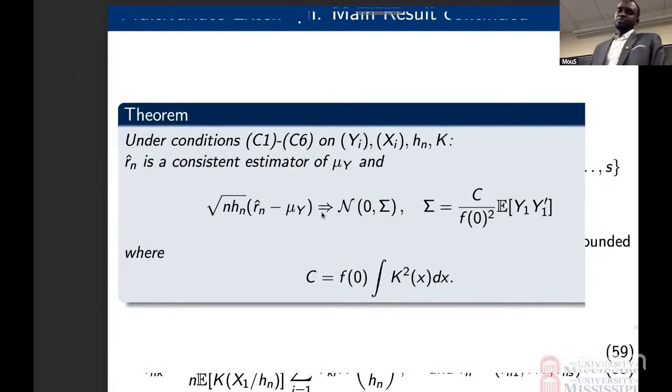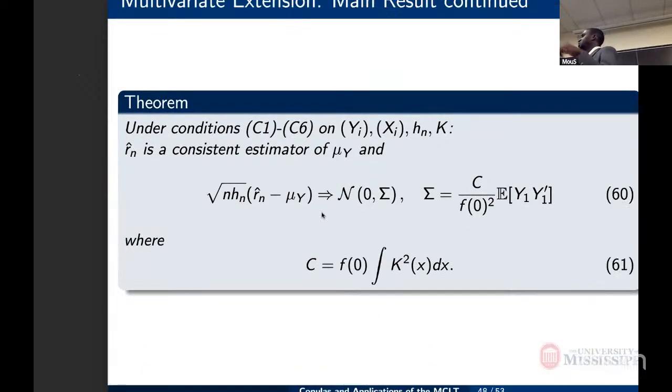First theorem: under conditions C1 and C6 above, on yi, xi, hn, and k, this estimator Rn defined in the previous slide is consistent for mu I, and the limit theorem in 60 holds, where C is given by equation 61, and sigma, the general formulation for sigma, is given by equation C. This expected value of y1, y prime 1 is actually a matrix that gives the covariance matrix in general.